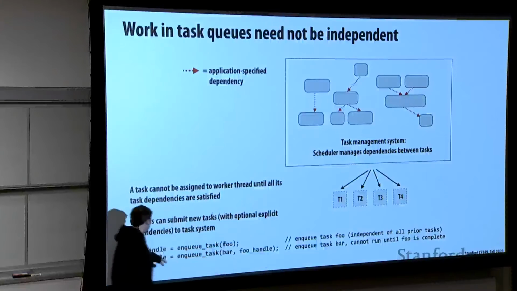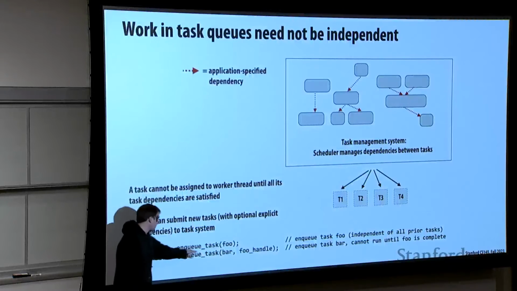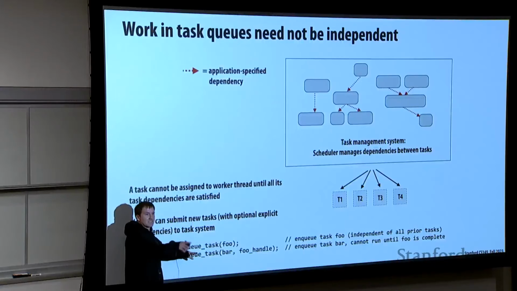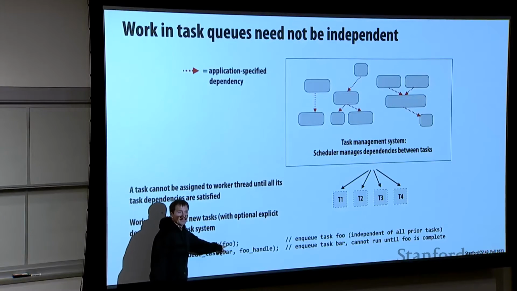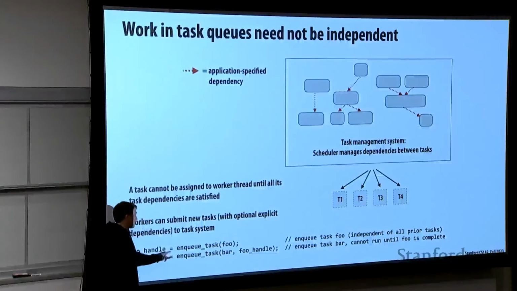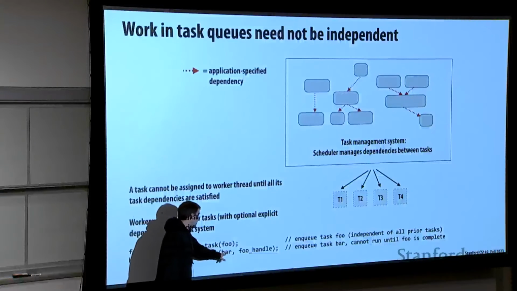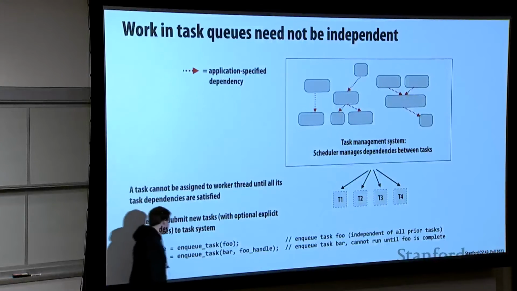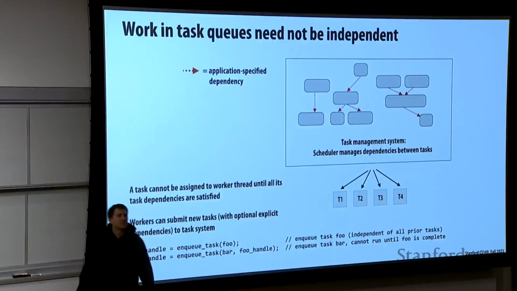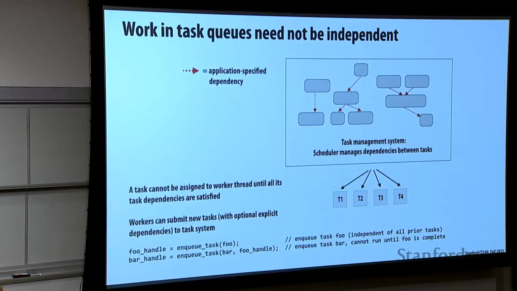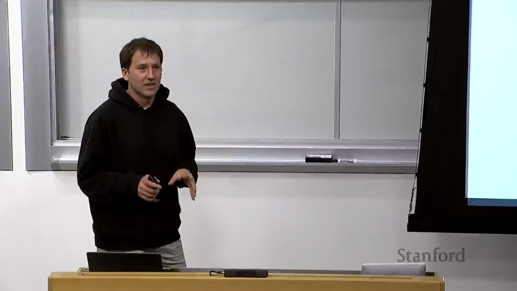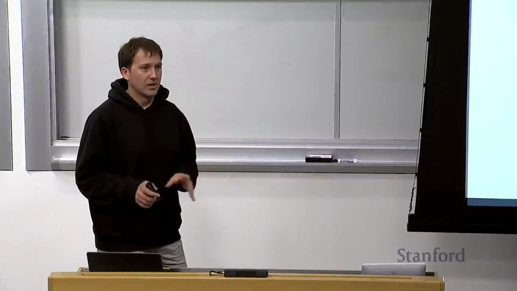So here's an example where I wrote some code where I had an API to tell the system, here's a new piece of work, I want you to do task foo. And then we say, I want you to then do task bar, but please only do bar after you've done foo. So I'm building up a dependency graph that constrains or limits what can run when.